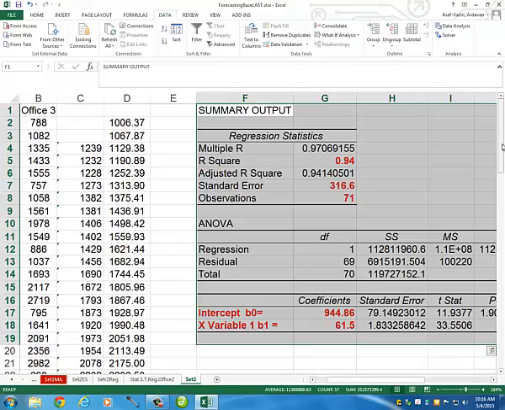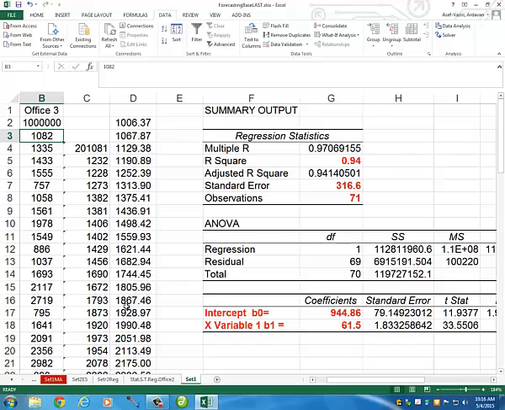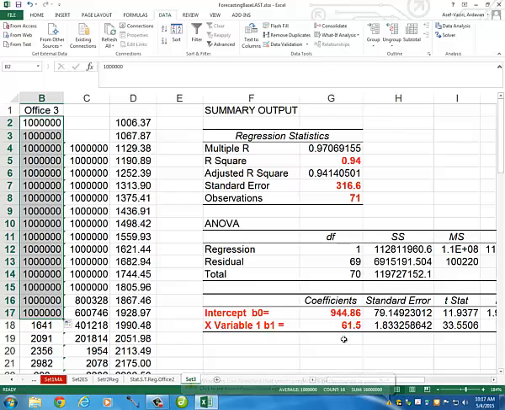In this procedure, if I make some changes here, for example, if I make this piece of data 1 million, it cannot be 1 million, but I just enter it. No change will happen here. So this table was prepared for the set of data we had, and if we make some changes over there, then there will be no change in these coefficients.